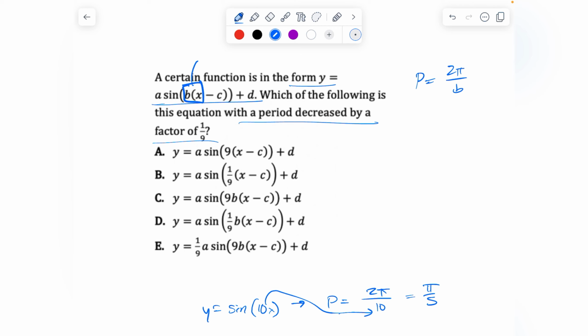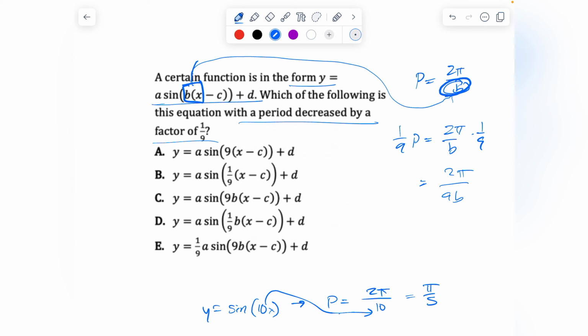Now, if I want that period to decrease by a factor of 1/9, so I'm going to be doing 1/9 p is equal to 2 pi over b times 1/9. That's going to give you 2 pi over 9b. And again, if I compare my function with the denominator of this, literally what you're doing is the denominator of your p equals 2 pi over b equation, that b value is defining your period, right?